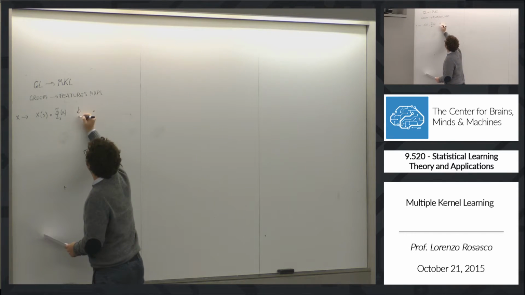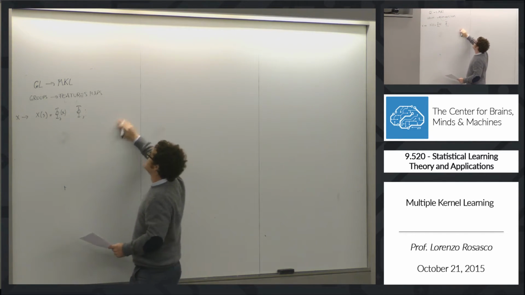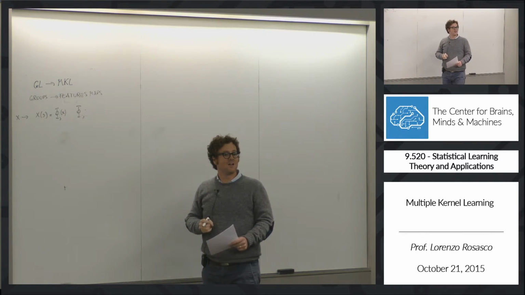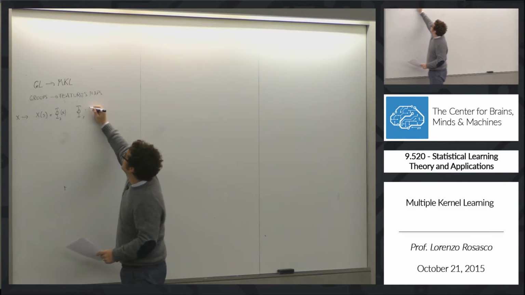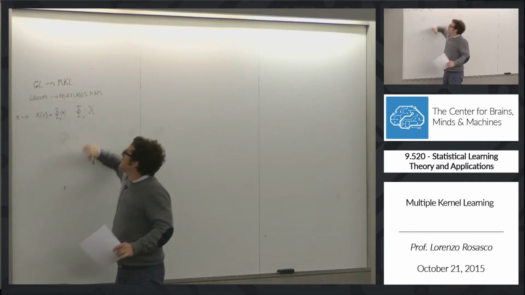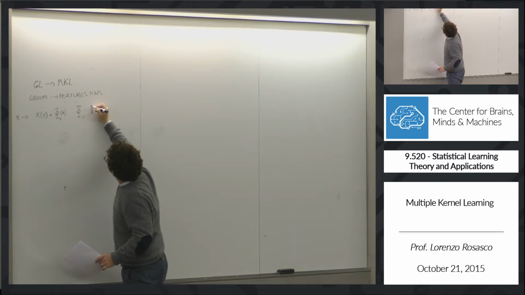So phi_j goes from where to where? I need you to be awake and answer me, because it's going to be boring, and if I lost you, there's no sense in it. From what? Yeah, R^n, something close. So let's call it X just to be sure, or I called it R^d before, if you want.